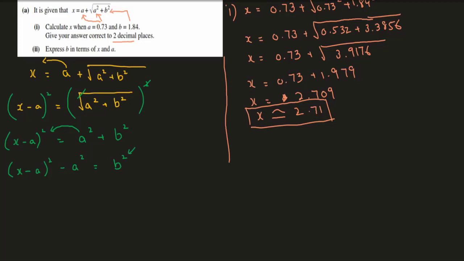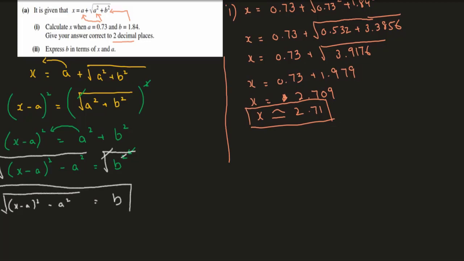We can remove this square by simply taking the square root on both sides. This would cancel out, and I would be left with b is equal to square root of (x minus a) whole square minus a square. This is our answer, and I have made b the subject.